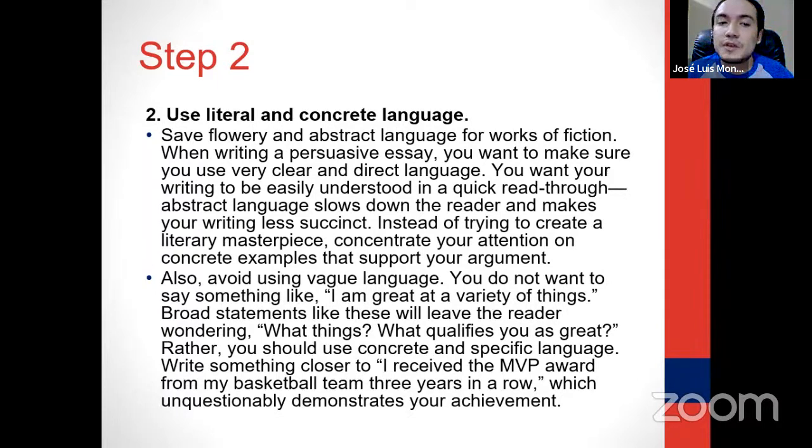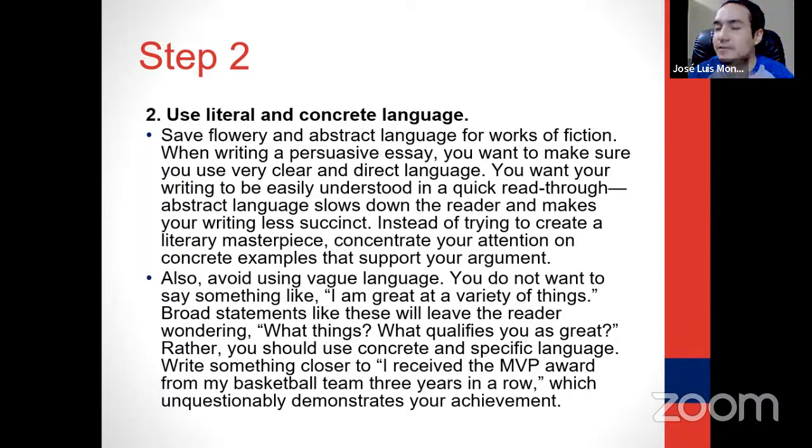Instead of trying to create a literary masterpiece, concentrate your attention on concrete examples that support your argument. Now, again, you can have personal essays, or essays related to a more literary way of approaching reality.